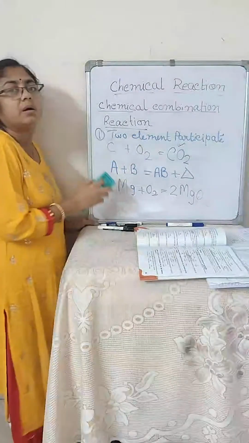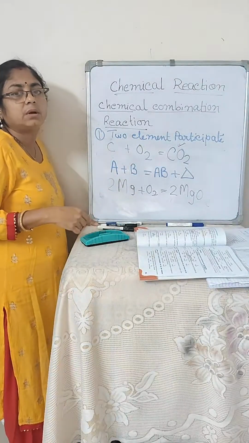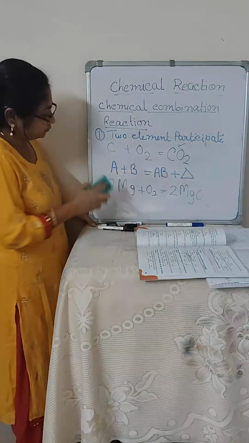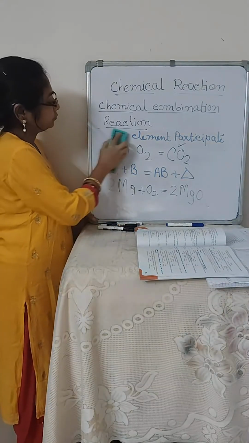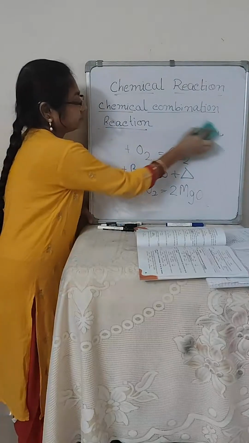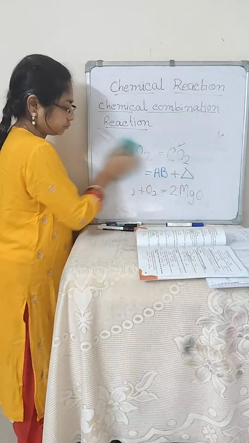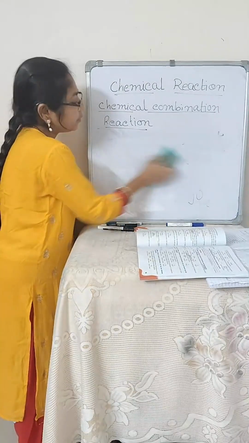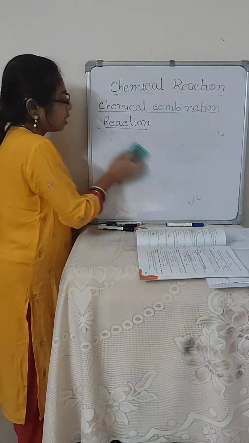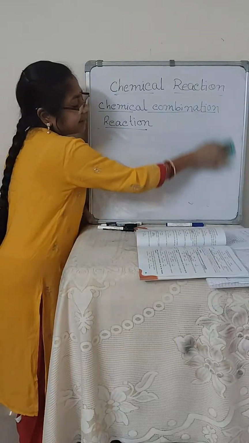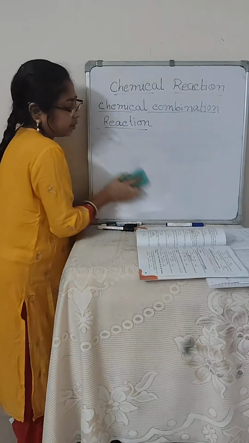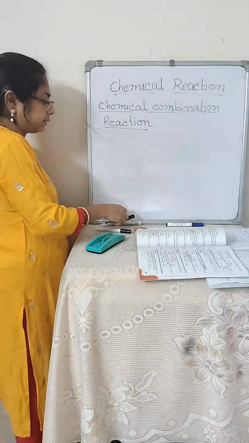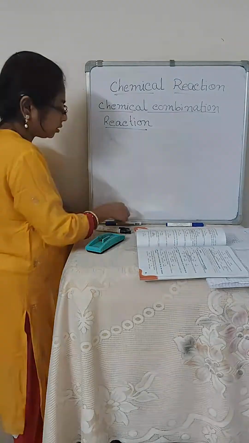Now, complete this one. Can I go to the next one? If any doubt, please write in the chat box. Carbon and oxygen, in that case, what is the characteristic of the chemical equation, carbon plus oxygen? It is an evolution of gas and endothermic.